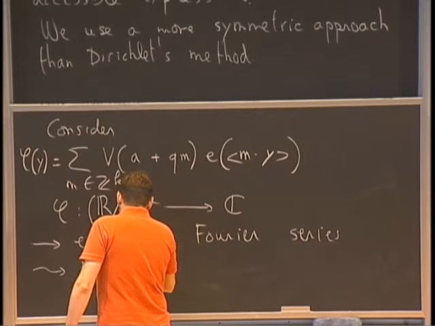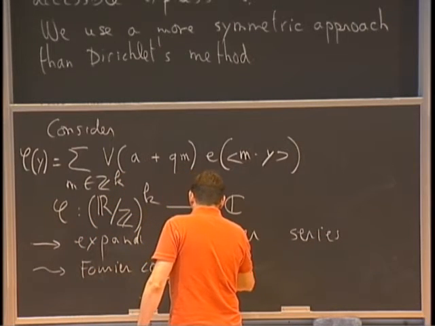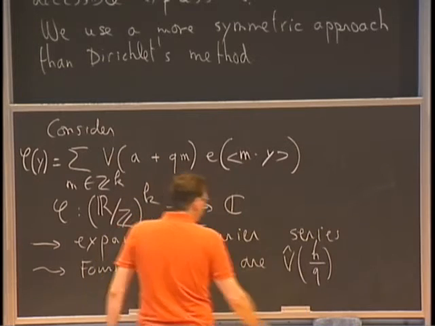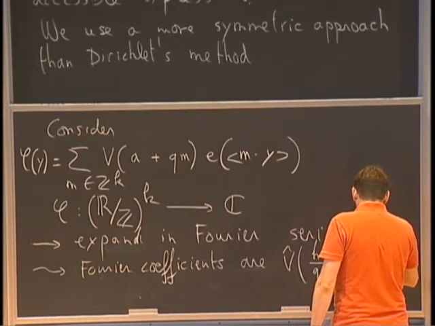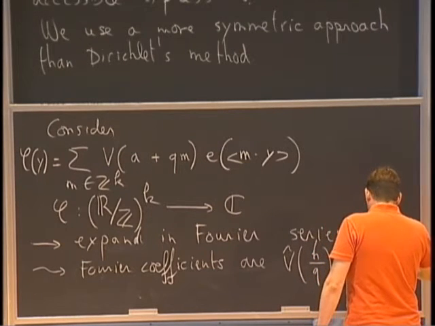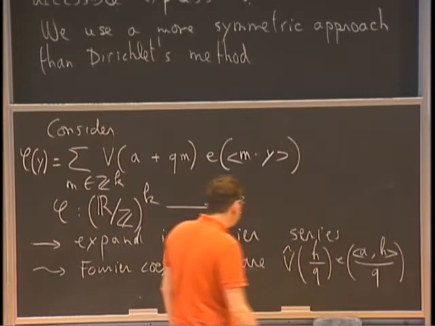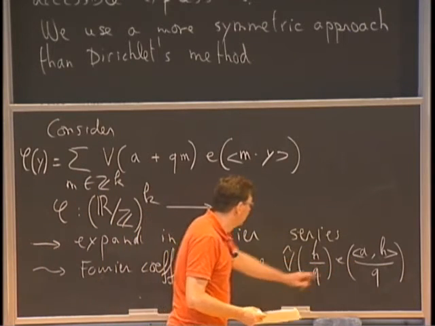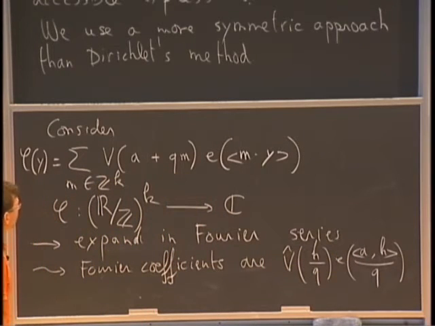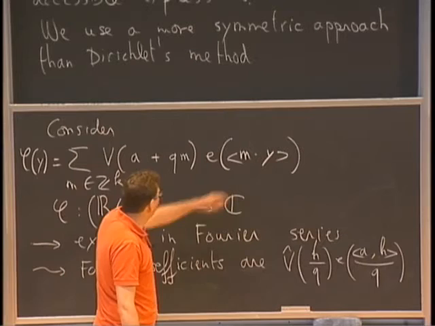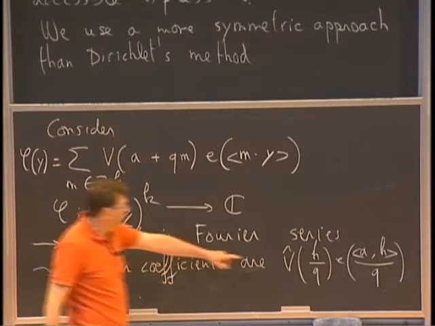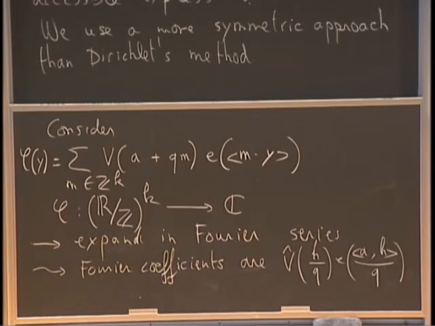So, the Fourier coefficients. Because of the shift, there's going to be an exponential that comes up, which will be e of the inner product of A with H over Q. So the Fourier series expansion will be the sum over H of this times e of AH over Q times e of XY over Q. And now if you change the order of summation, you'll get the sum of K of A times this, which is the Fourier transform of K, and the V hat at H over Q. And you just have to be careful that the normalization comes out right.